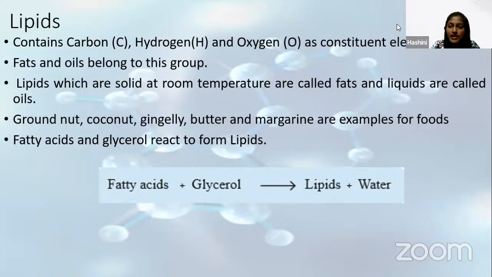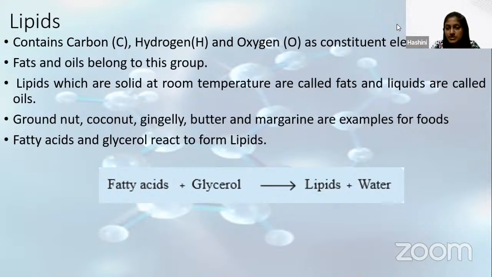So fat means what? Fats are the ones which are solid at room temperature, like butter and margarine. And oils are generally liquids at room temperature, like coconut oil and ginger oil, so they belong to the oil group.